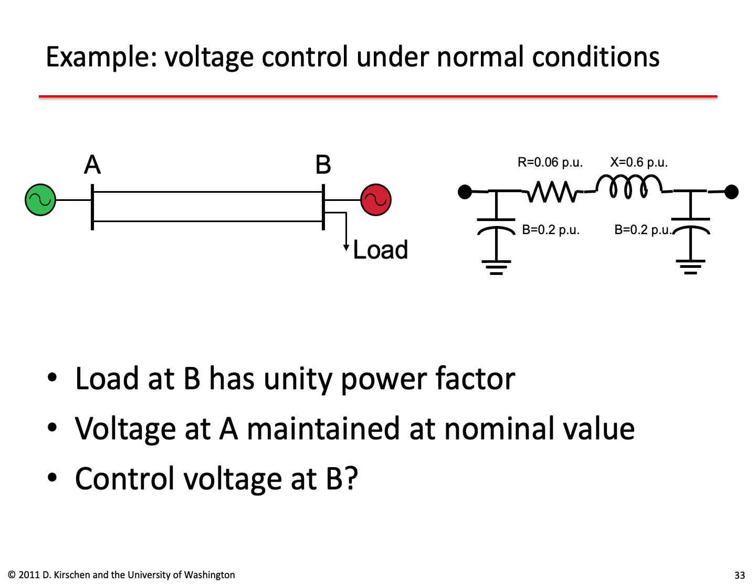And we would like to control the voltage at B, and we will use reactive power produced by the generator at B or some kind of reactive compensator at B. And we will do that as a function of the power being transferred from the generator at A to the load at B.